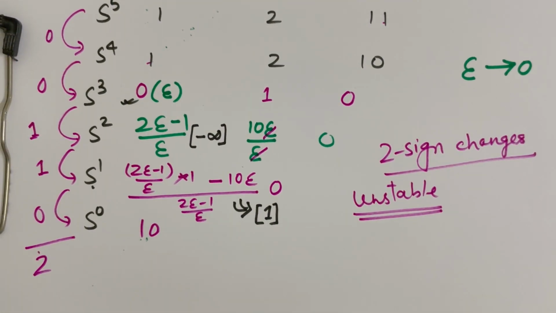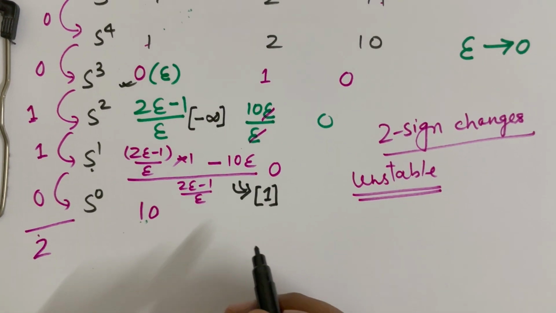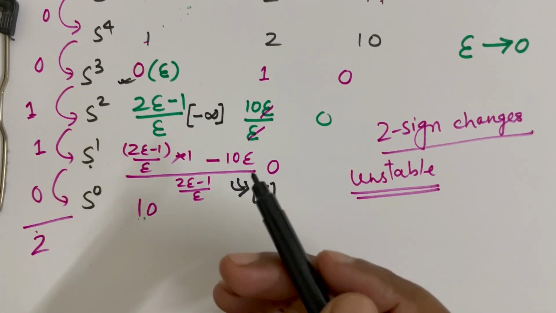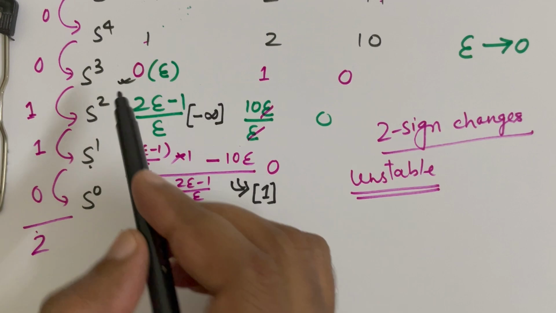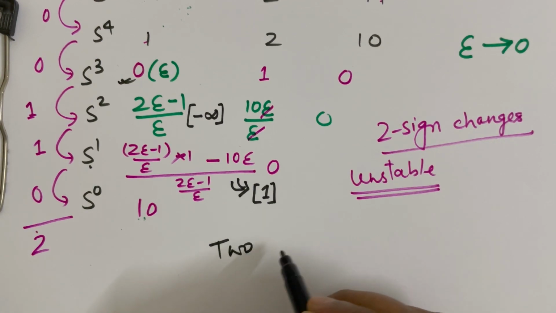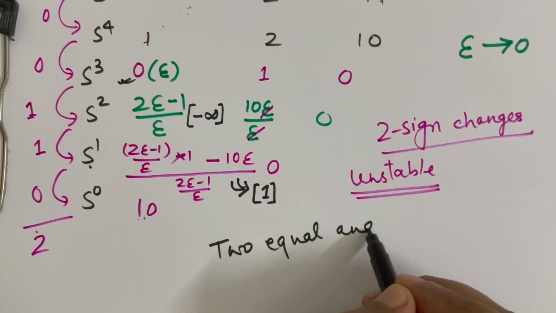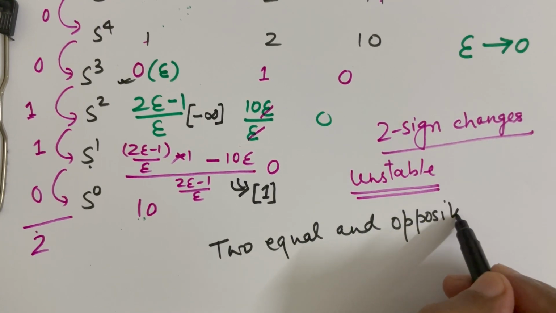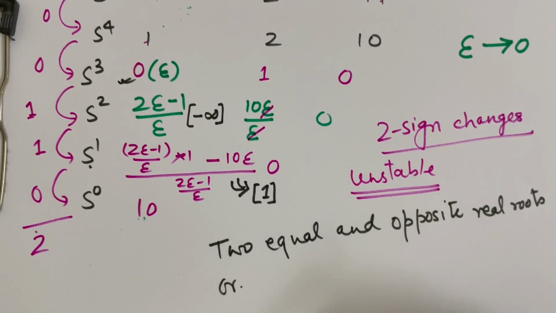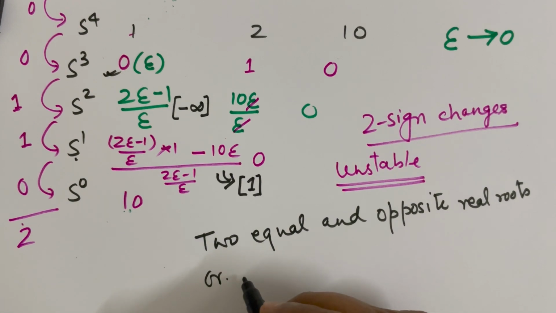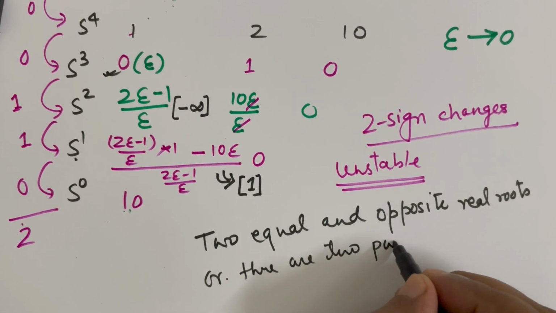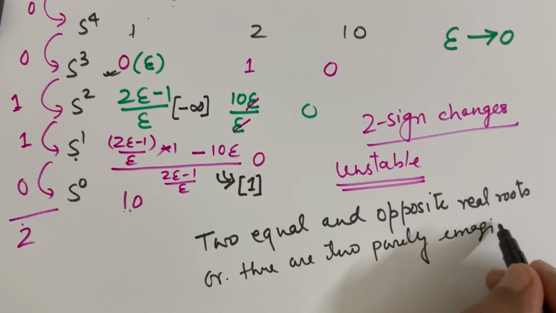Now these sign changes may be possible due to this kind of case, wherever you get 0 in the first column, not the entire row. If you just get 0 in the first column, it means that there are 2 equal and opposite real roots, or one more case is that there are 2 purely imaginary roots.